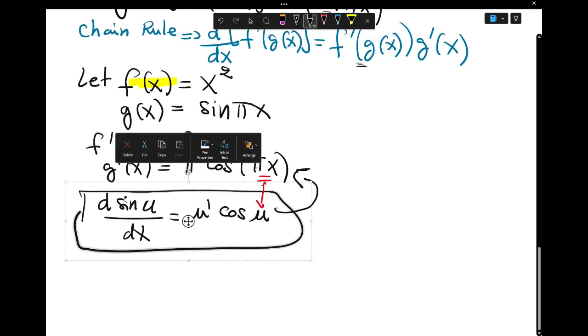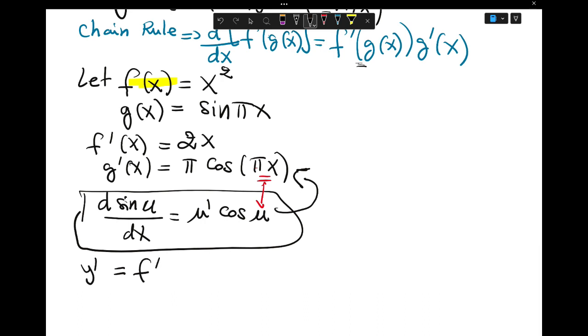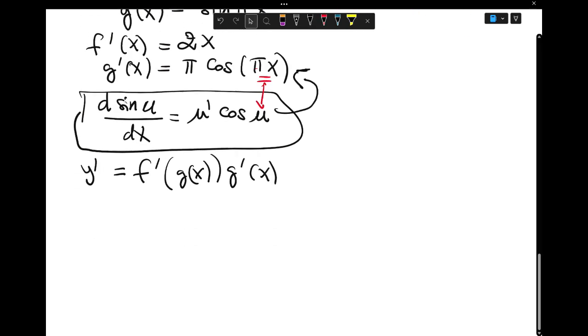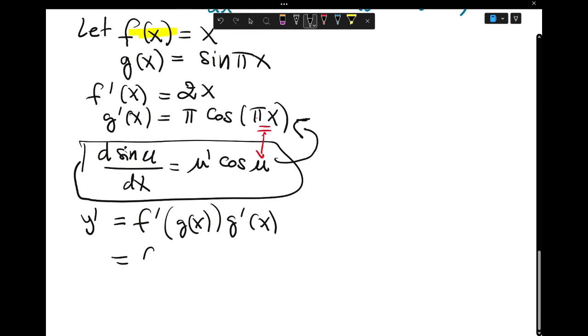I'm just going to call it y prime to make it easy. So it's going to be f prime of g of x multiplied by g prime of x. We don't have to worry about f prime right now, but we have to worry about g of x.